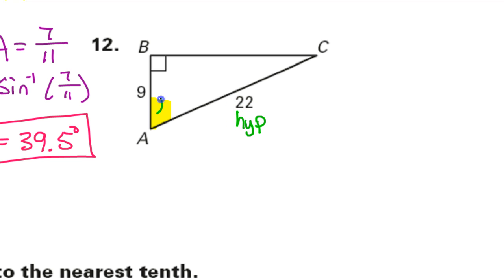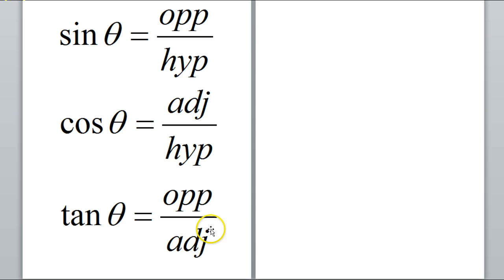Okay, now this 9 then. Is this the opposite leg or the adjacent leg? This is the adjacent leg. Look how close it is. The opposite leg would be way over here. So we're given the adjacent leg and the hypotenuse. Which trig function is that? That's the cosine function.